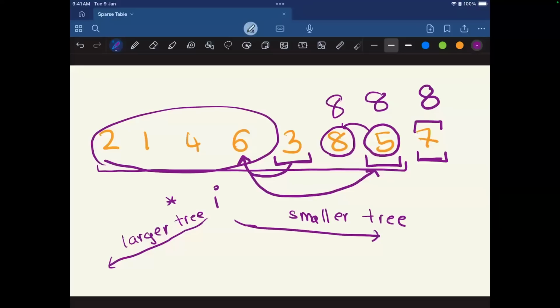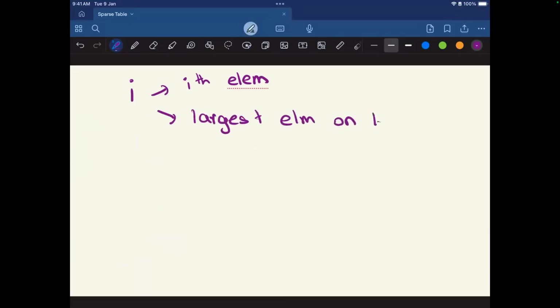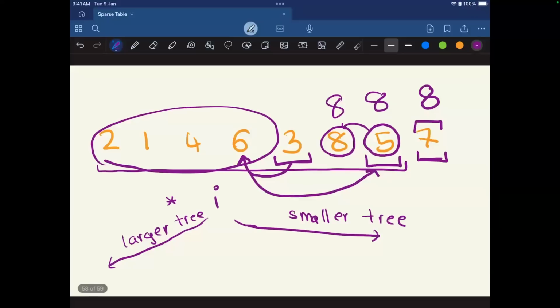So what are the operations that we did? If we are on any index I, either the answer is the ith element itself, otherwise, the answer is the largest element on the left hand side, LHS. Or what is the answer, guys? What did we do here for 3? Can you notice for 3? We went to the largest element on the left.